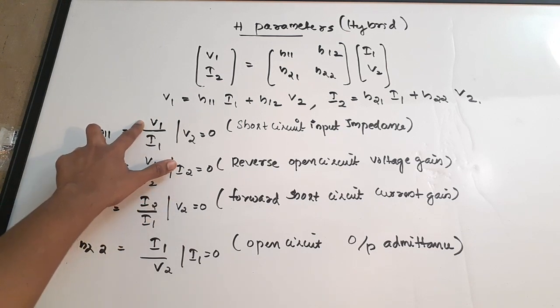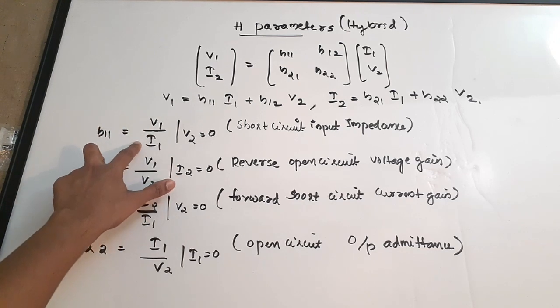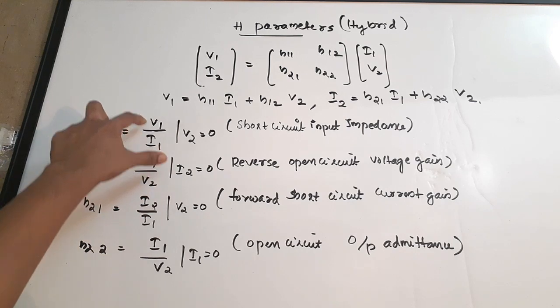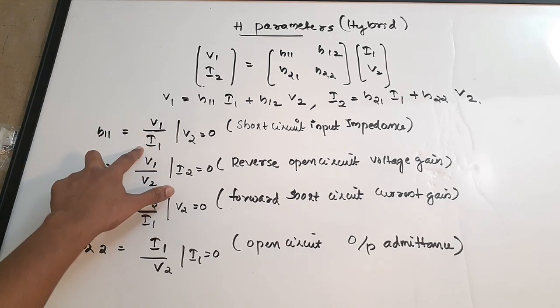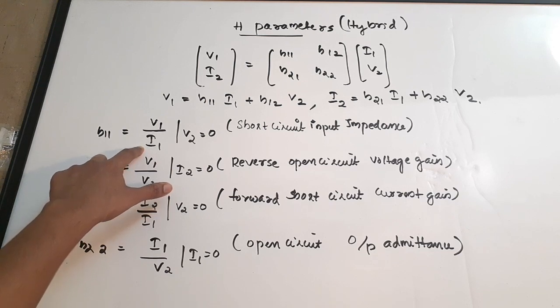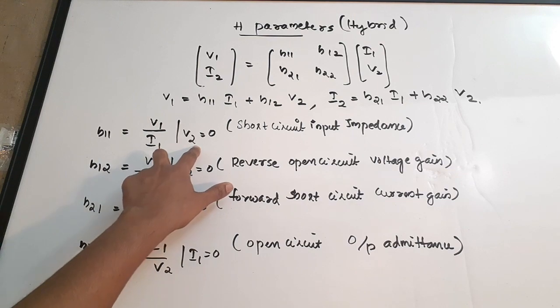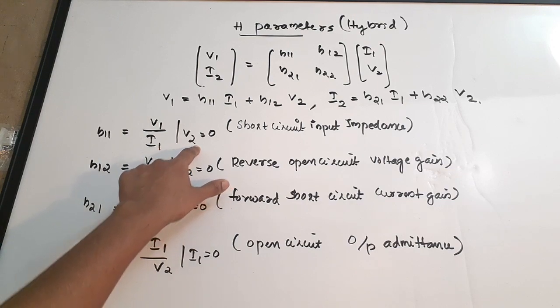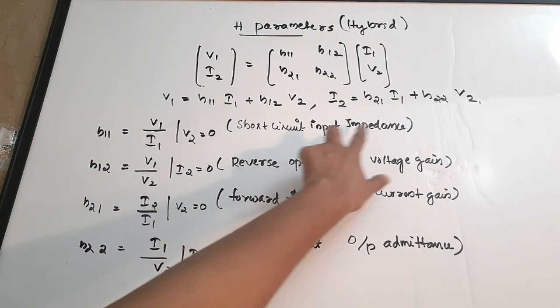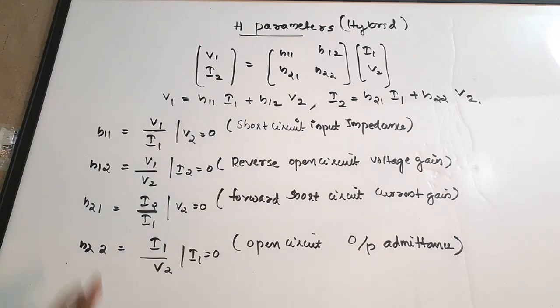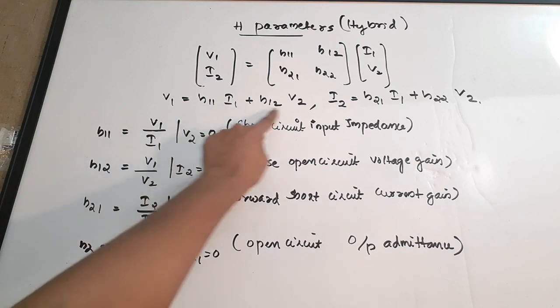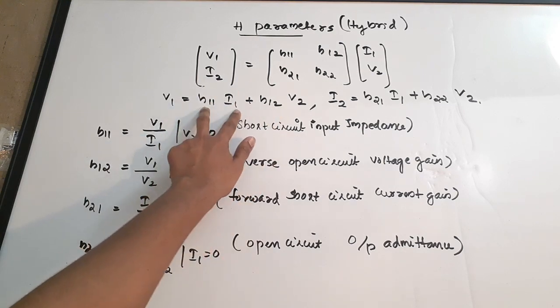V1 is the input voltage, I1 is the input current. And if you take the ratio of V1 by I1, what will you get? It is nothing but impedance, the impedance of the input port. And that is obtained by short circuiting the output port. So that's why it is called short circuit input impedance. Okay, I hope it is clear. Next one is H12. Here you will make this term 0.